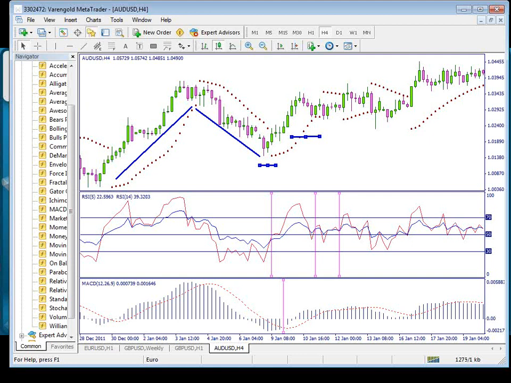Do you use different trailing stop for different pairs? Yes, actually for euro dollar, because it's one pair that is so active, I will use bigger stop loss.